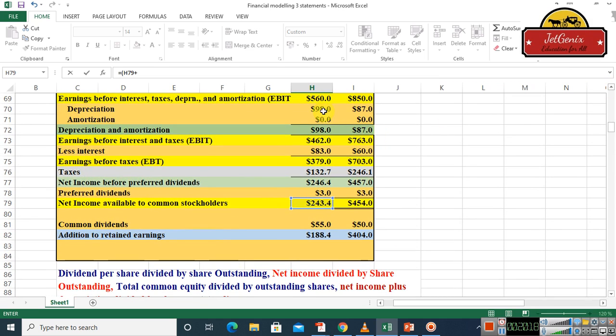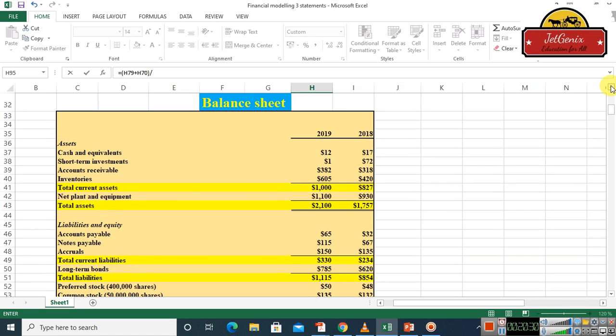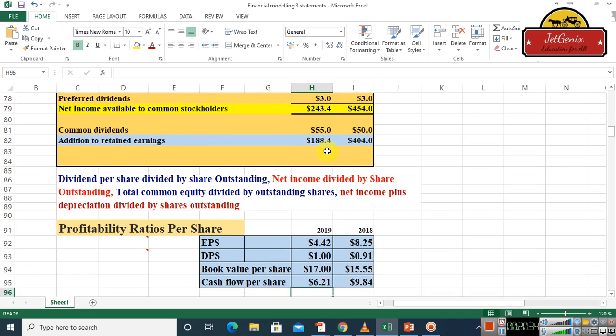Depreciation of 2019 is here, yes, and then I'm going to divide it by the outstanding shares. The outstanding shares again is 55 million, but I'm not typing it, I will select it from here and press enter. So you see the cash flow per share is $6.21 in 2019.